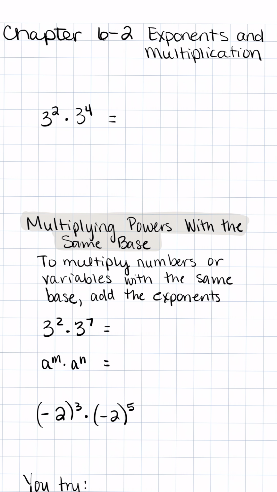So you can write 3 to the second power times 3 to the fourth power using a single exponent. The first one is saying 3 times 3, and the next one's saying 3 times 3 times 3 times 3.